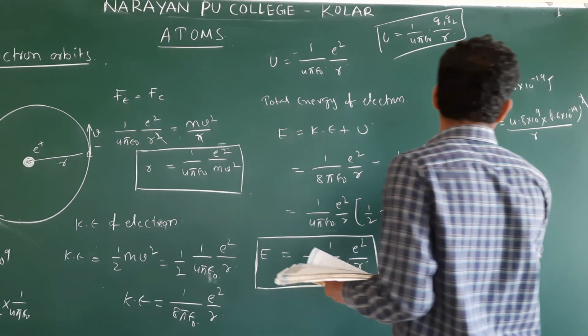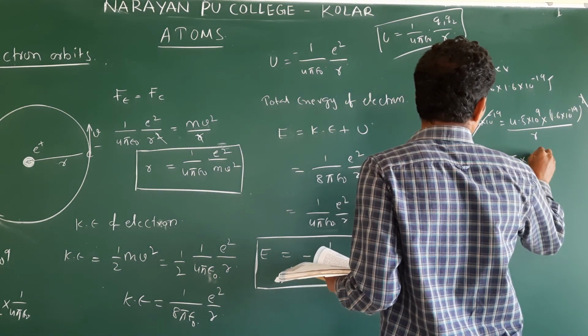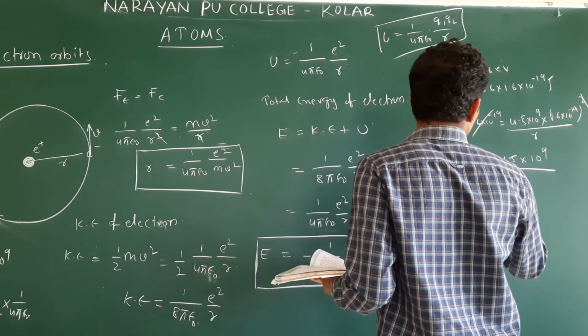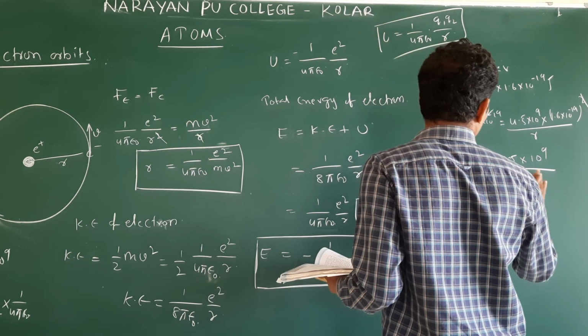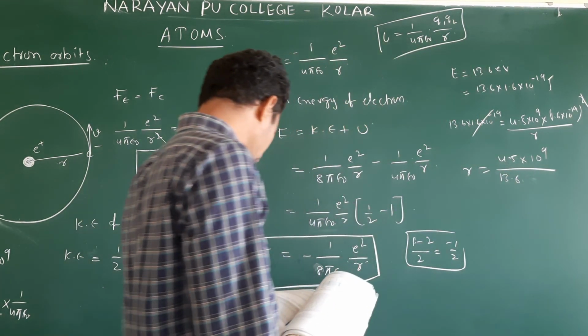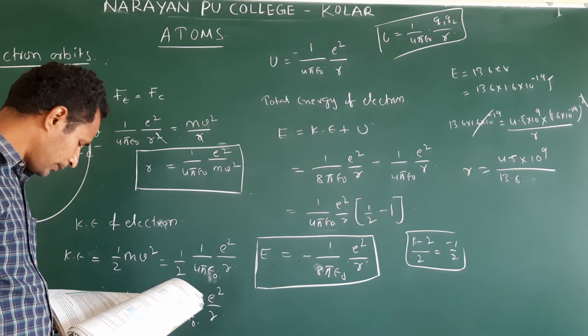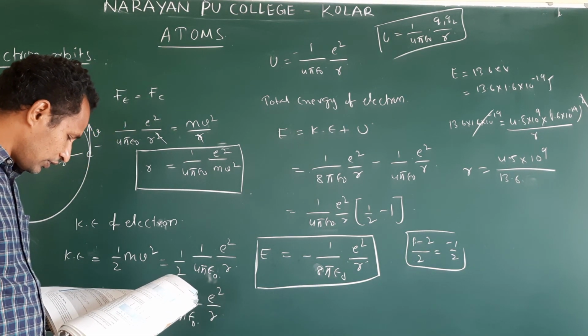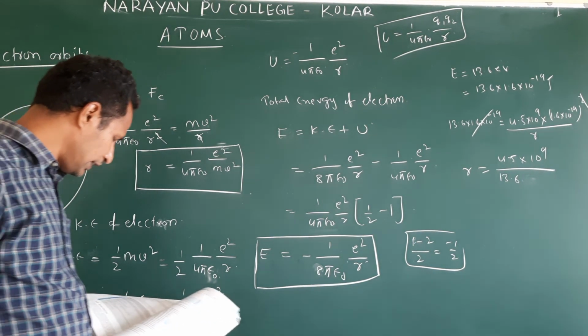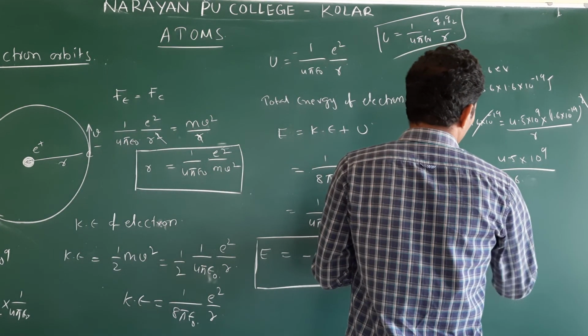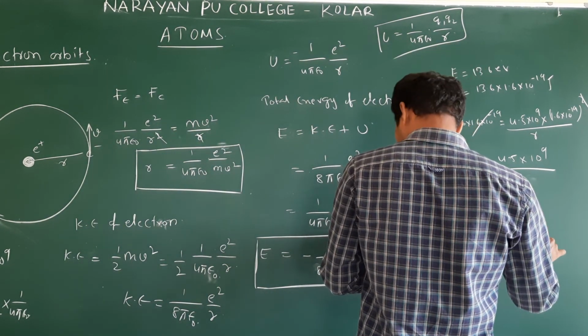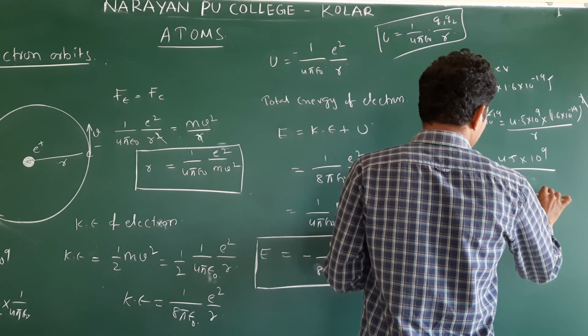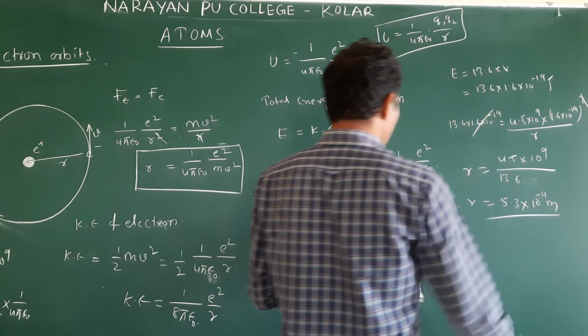Then R is equal to 4.5 into 10 power 9 by 13.6, directly. If you do this, you will get the answer. Clear? So R is equal to 5.3 into 10 power minus 11 meter.